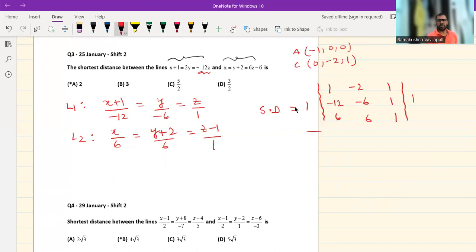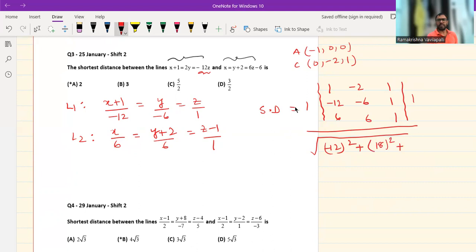Modulus by, under root, minus 6, that is minus 12 whole square, plus minus 12 minus 6, minus 18, cofactor is plus 18.